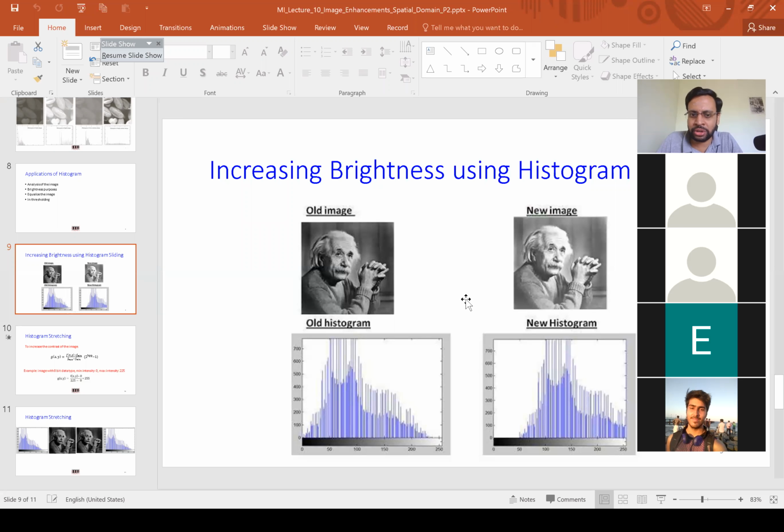I could do some histogram equalization on top of it, but I need to look at the gradient information or something like that. Is that clear? Good. Any other questions so far?